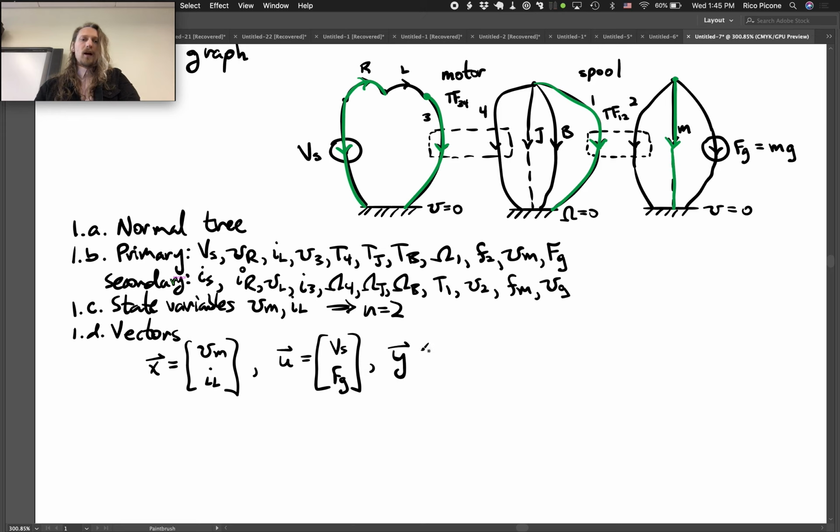And I have my output, which we haven't specified, but I think we want to look at the velocity of the mass. And let's also find out how much torque the motor is supplying, which is torque 4, right?